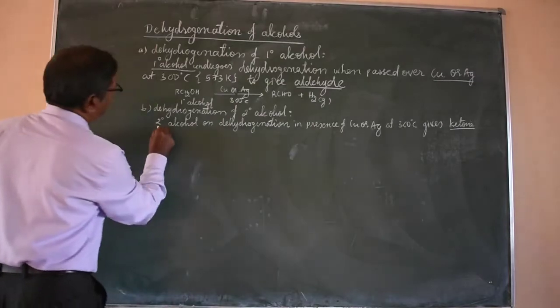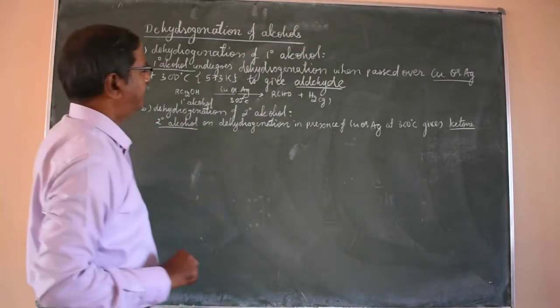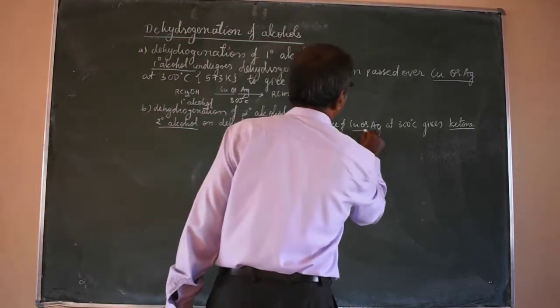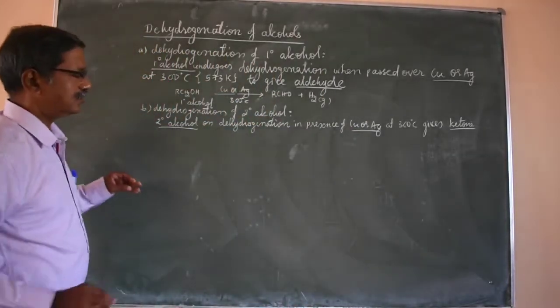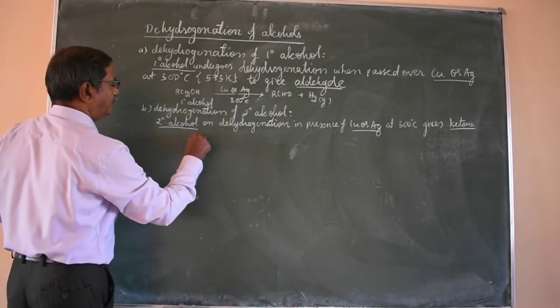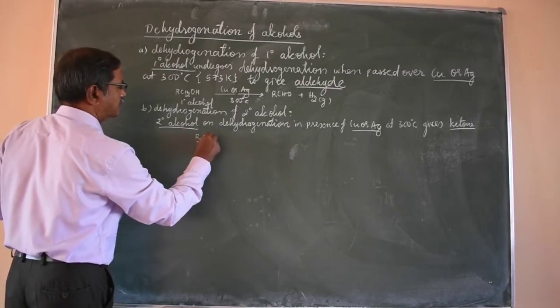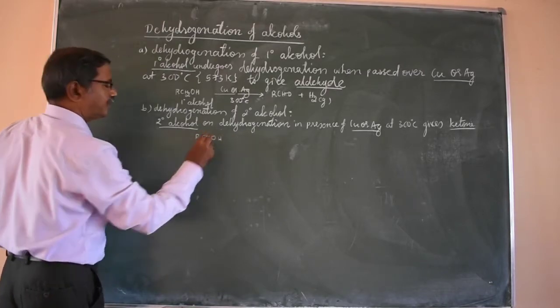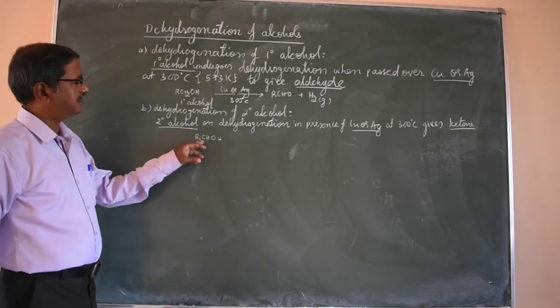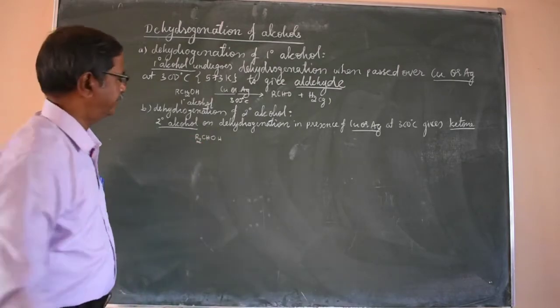Then 2 degree alcohol or secondary alcohol in presence of copper or silver. We know the formula for 2 degree alcohol, R2CHOH, or RCHR-OH.